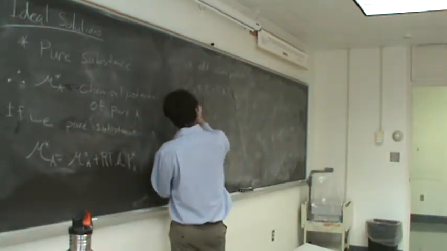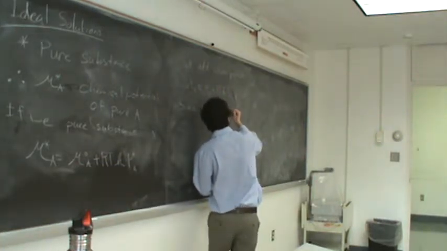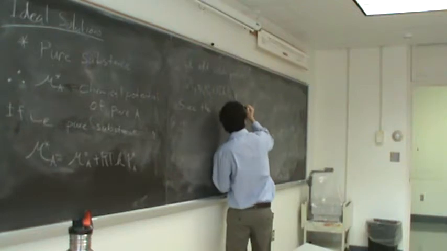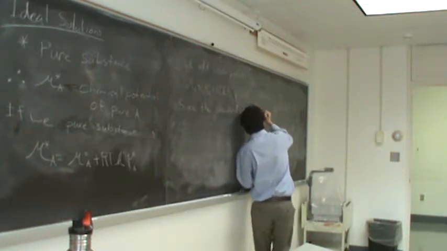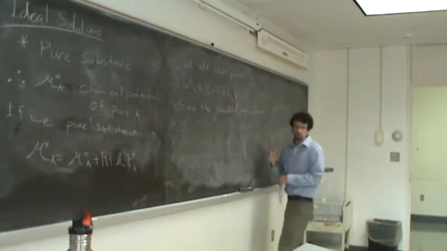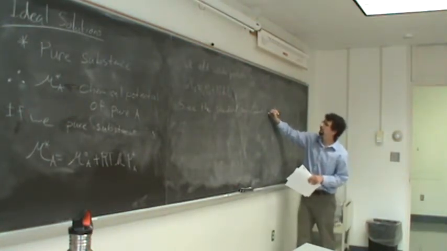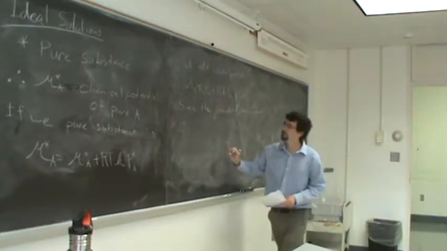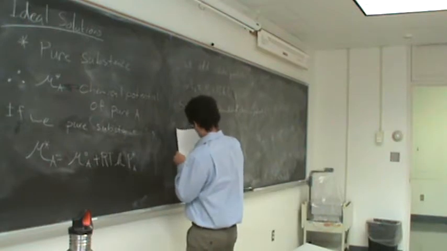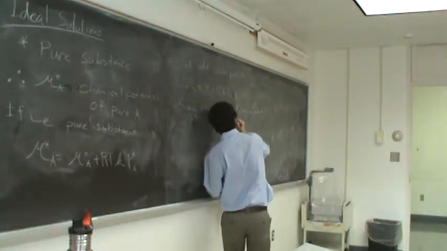So since the standard chemical potential, and what do we denote as the standard chemical potential? Mu naught A. Yep, mu naught A is the same in both equations.